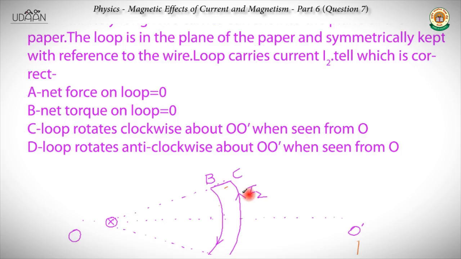For BA and CD, whatever current element dL we take is in the direction of the magnetic field, because this is circular with respect to the wire, with the center lying on the wire. So the magnetic field will come around like this, and for CD or BA also it will be in the same direction.